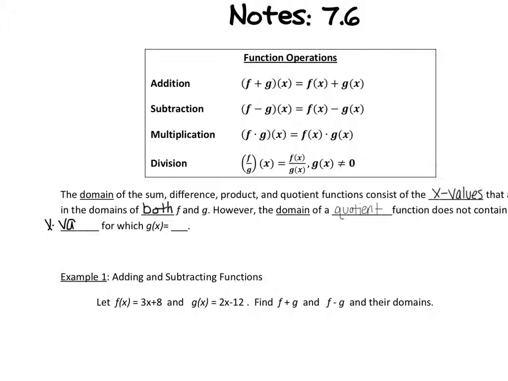Okay, it may not always be g of x. They may switch it around, but just know it's whatever the denominator is. All right, we'll see that in the very last problem on this front page.